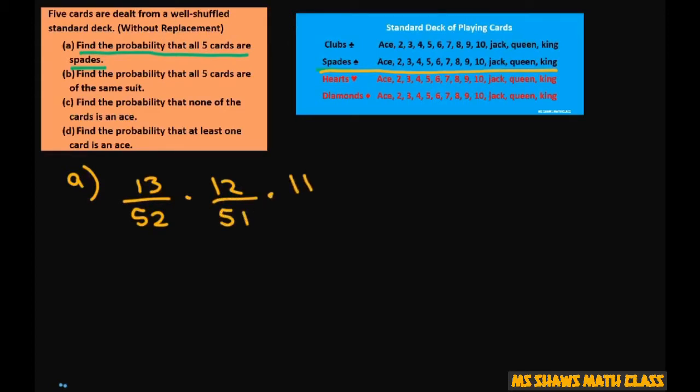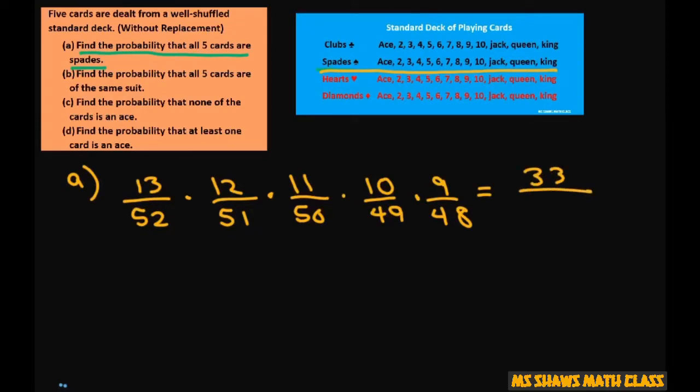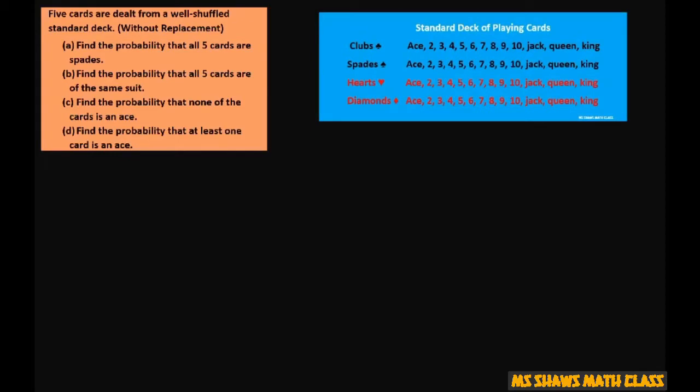And then you go all the way down to 5. You need 5 slots. So that's 50 times 10, that's 49, times 9, 48. Now when you do that, you're going to get 33 divided by 66,640.